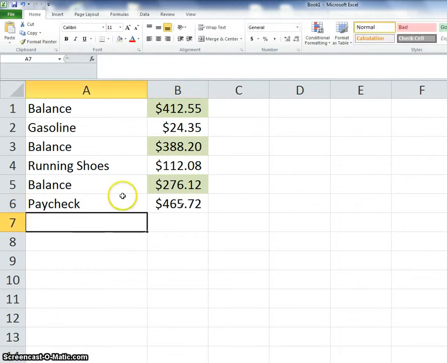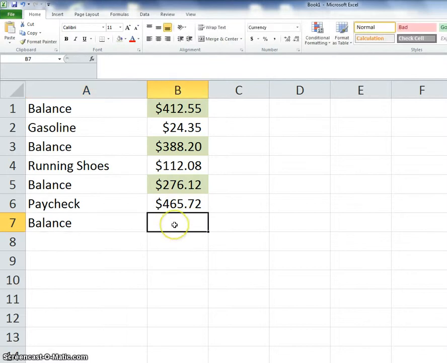Well, I had $276.12 and I added to that. So for our new balance, you're not going to subtract because you're adding money to what you had. For a paycheck, you would go equals this plus this. And so now we're up to $741.84.